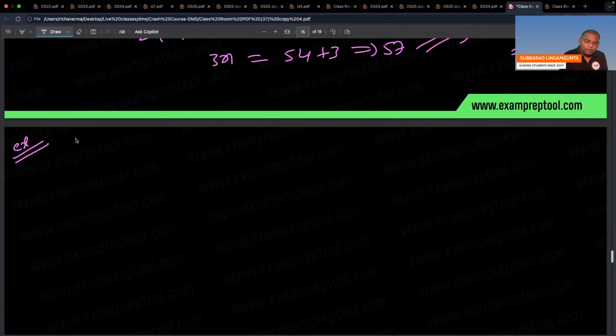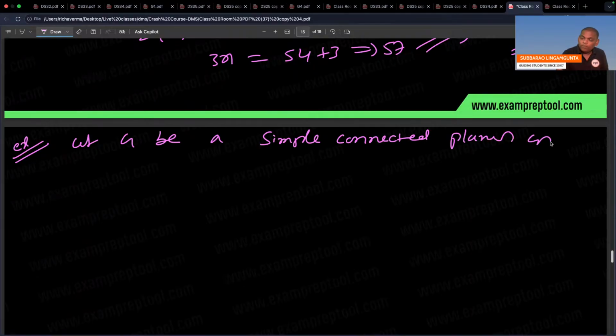Let G be a simple connected planar graph with 10 vertices, 15 edges.